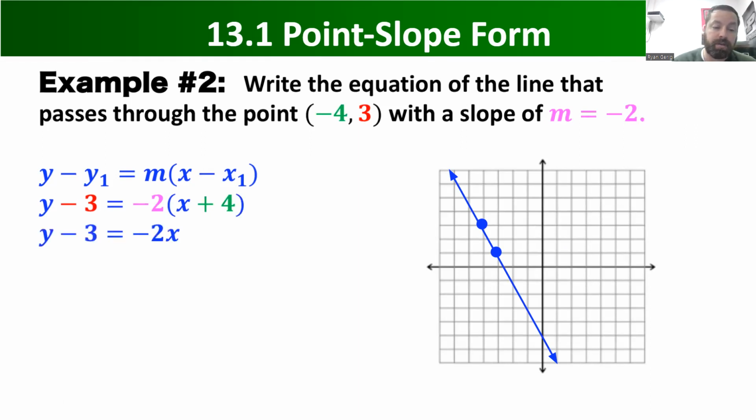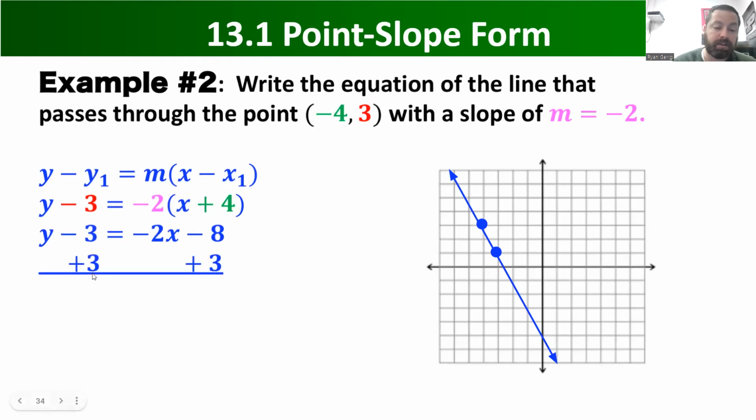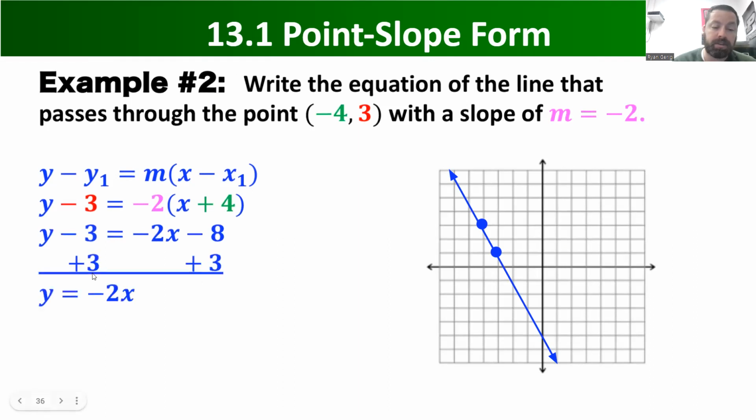So y minus 3 equals negative 2x. I'm distributing negative 2 minus 8. Negative 2 times 4, negative 8. Add 3 to both sides to get y by itself. I get y equals negative 2x. The 3 only combines with the negative 8 and gives me negative 5. So in fact, it does go through the y-intercept of negative 5. But we need to do the equation to make sure.